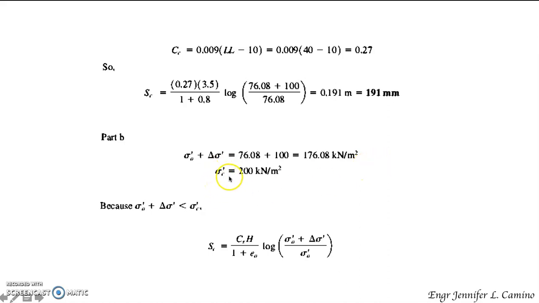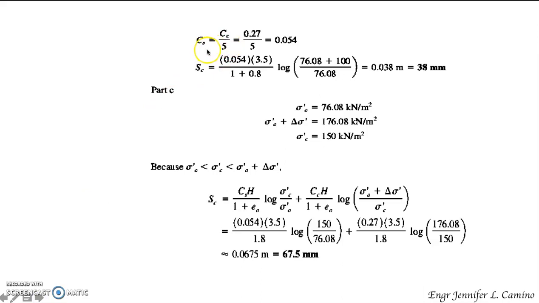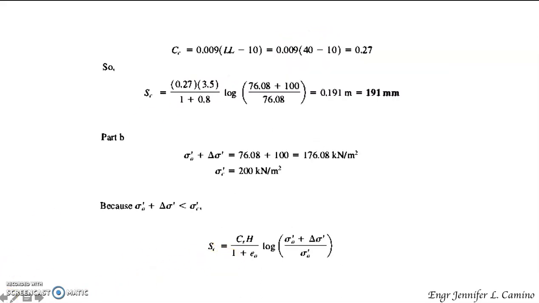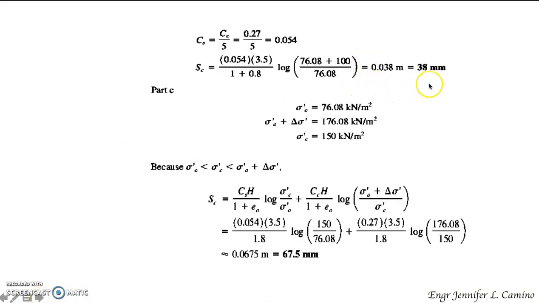And sigma sub prime C now is equivalent to 200 kilonewton per meter squared. Since our sigma prime plus delta sigma prime is less than sigma sub C, we are going to use this equation. So we simply substitute our parameters. Our C sub s, of course, is 1/5 of the compression index, which gives us 0.054. Using this equation, substituting the parameters, it gives us a settlement of 38 millimeters.